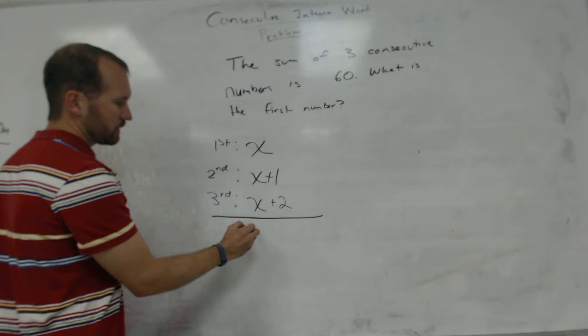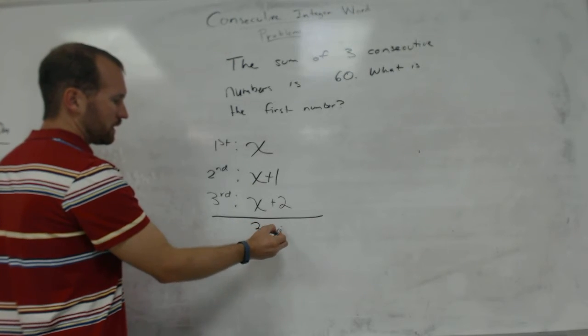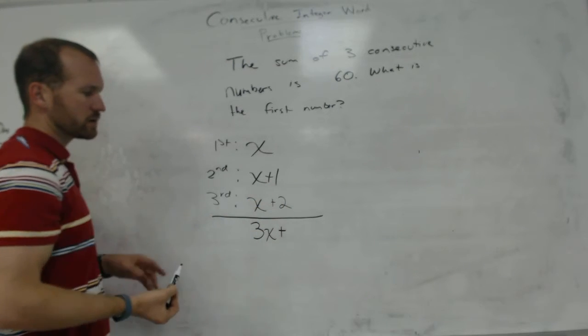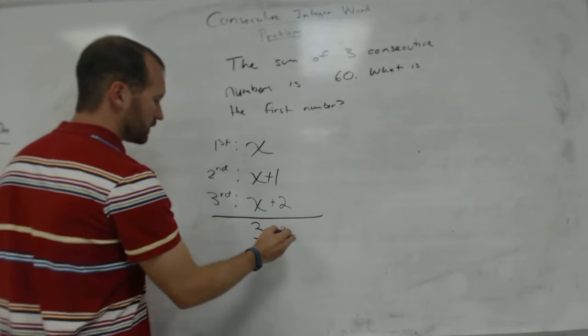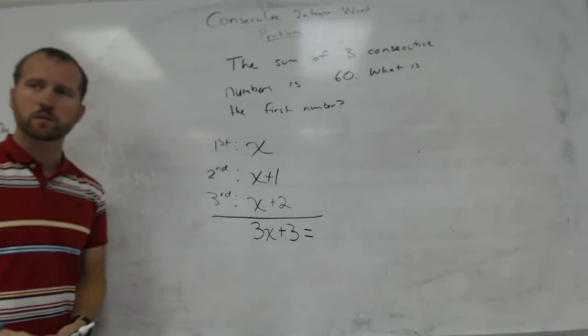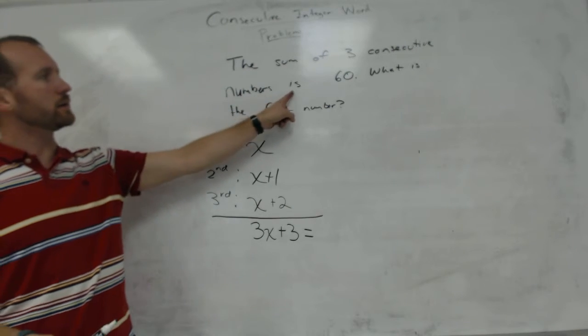The sum is 3x plus what do I get when I add my numbers together? 1 plus 2 is 3. And what did they tell me the sum is equal to? The sum is 60.